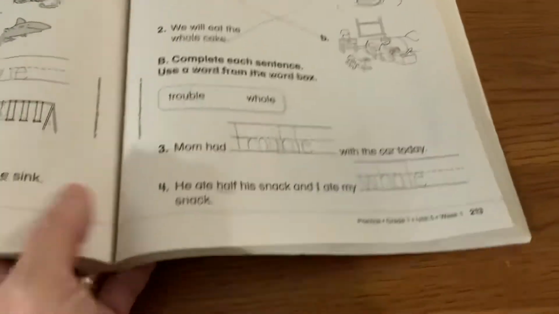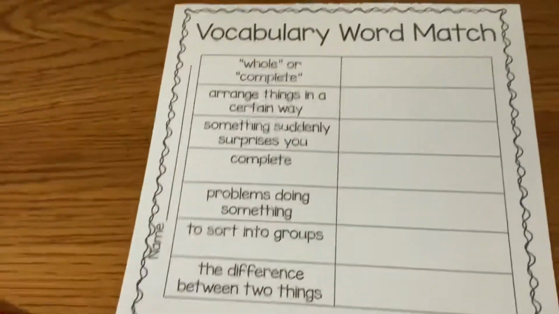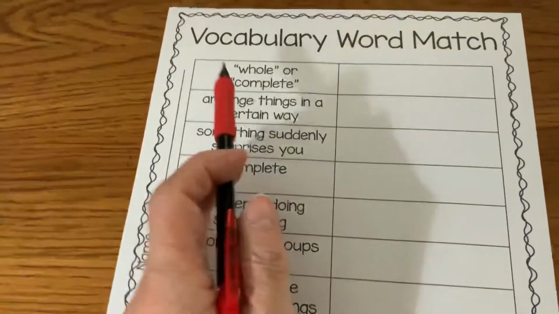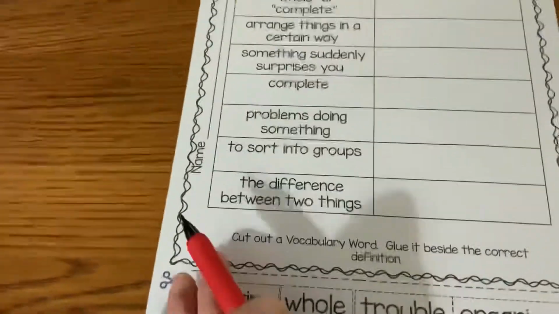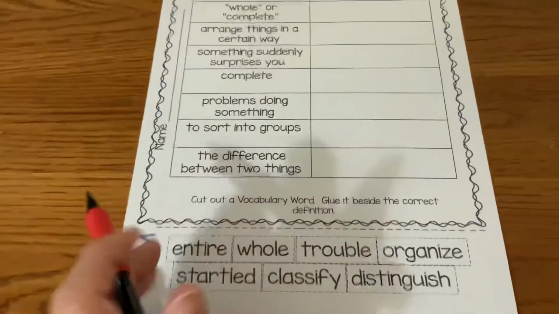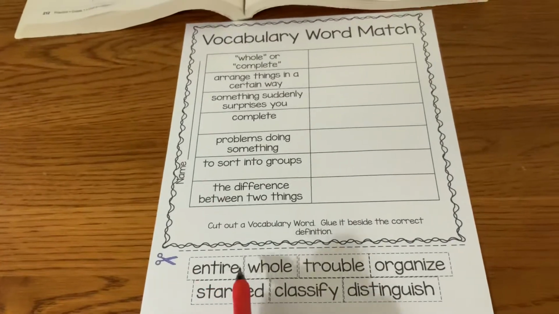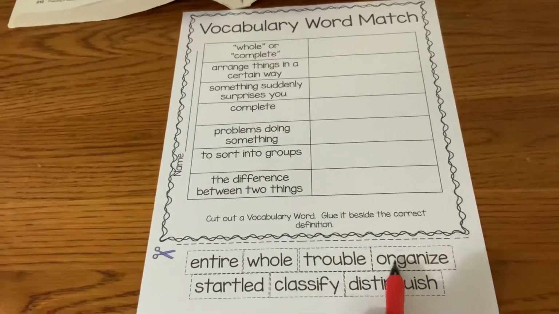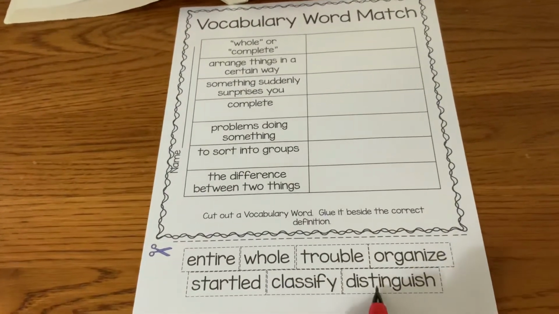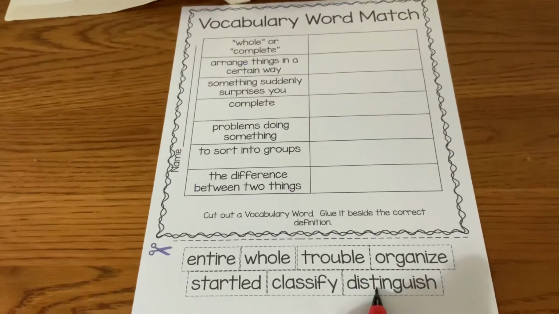We can look at the paper that we usually do on the test. So, whole or complete means entire, whole, trouble, organize, startled, classify, or distinguish. Well, whole doesn't mean distinguish.